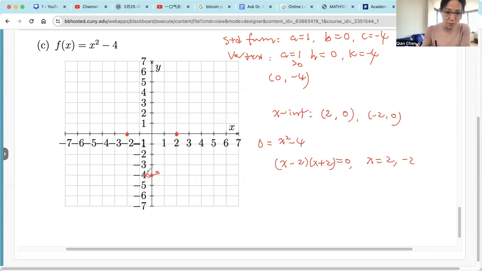So 2 x-intercepts. We try to graph smoothly, like a curve, not a straight line. Like something like this. Yeah. So this graph opens up, has a y-intercept, and the y-intercept overlaps with the vertex, and then we have two x-intercepts, (-2, 0) and (2, 0). Okay, so that's today's class notes.